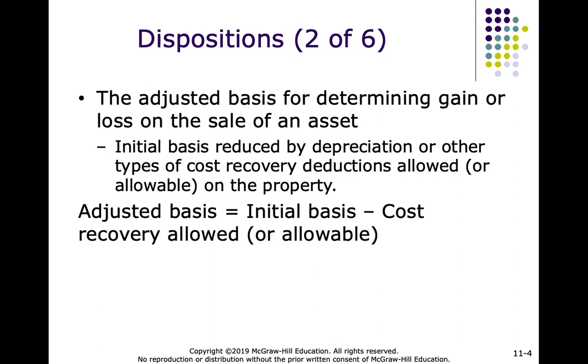That will be part of the basis, pretty much similar to financial accounting. And then we subtract the cost recovery allowed, in other words, our tax depreciation that we have deducted in previous years.